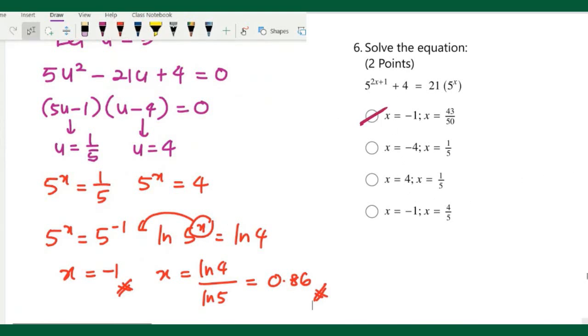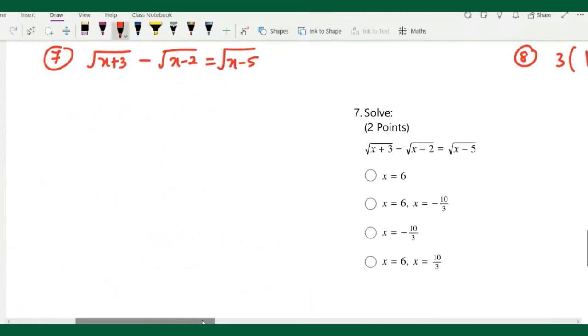Okay, moving on to the question with just a single term of surd on the right hand side.